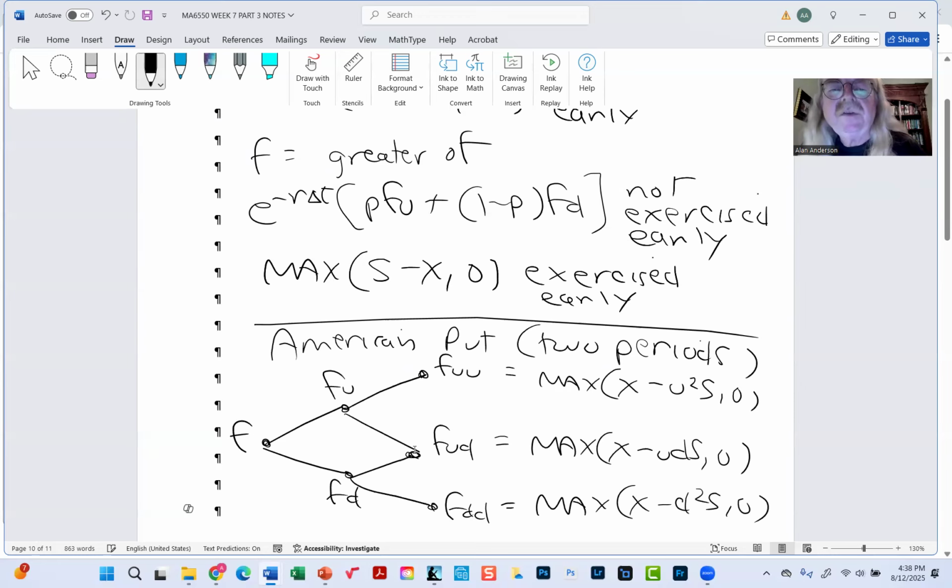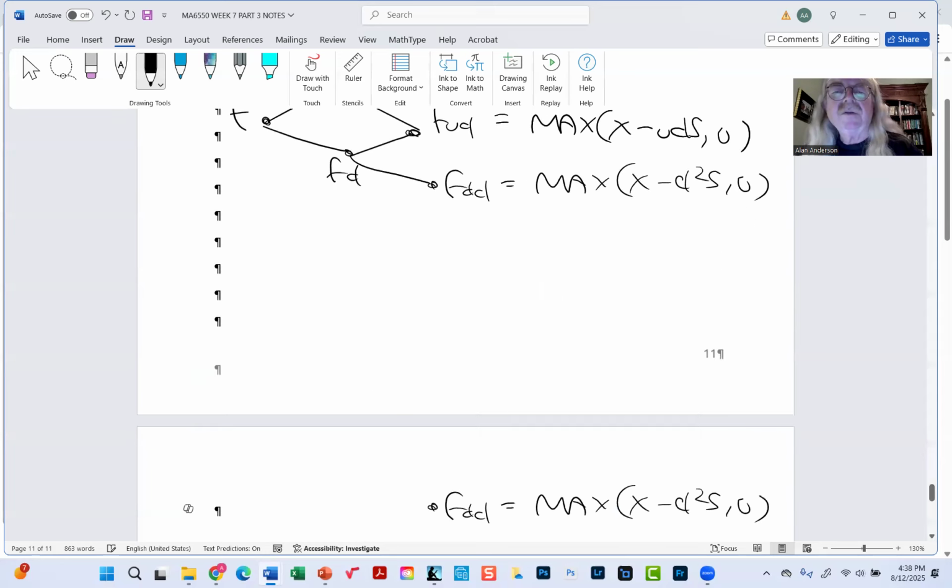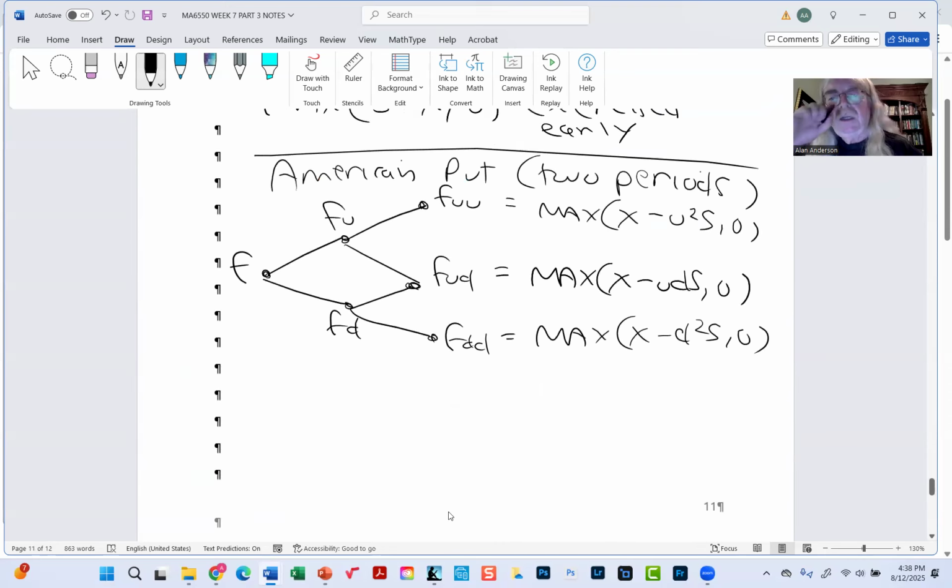Again, you immediately start by filling out the payouts at the terminal nodes, and then you fill in the interior nodes by comparing the value if not exercised early with the value if exercised early.